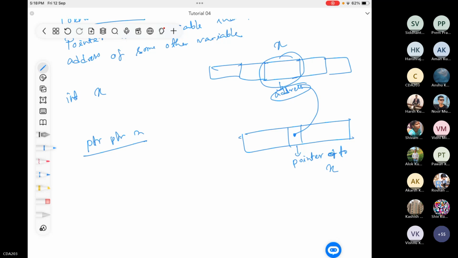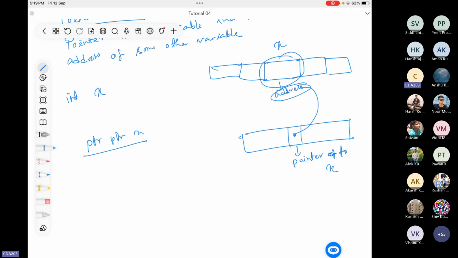I don't know what you mean by ordering, but you can define a pointer of some variable, and you can define another pointer that is pointing towards that pointer of x. You can do that. But it's basically pointing towards the location where the address of x is stored.